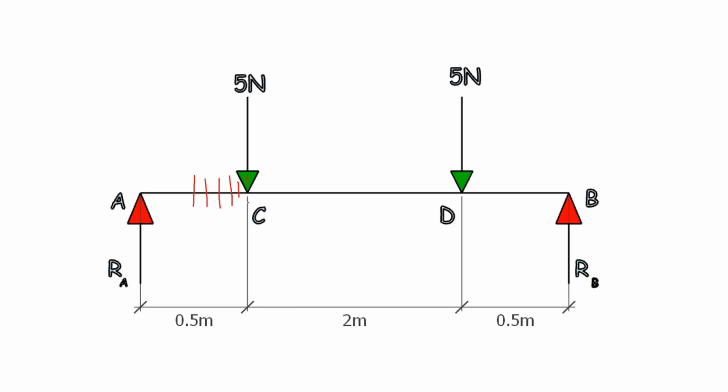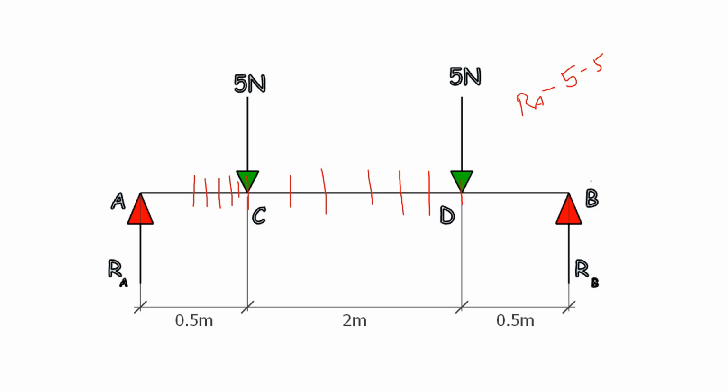But if you come exactly at this point, it will be RA minus 5. Then if you make a cut here, it is RA minus 5, and it goes on like this until you reach the point D. Once you reach the point D, the shear force is RA minus 5 minus 5.